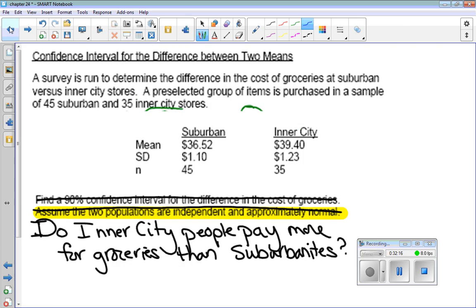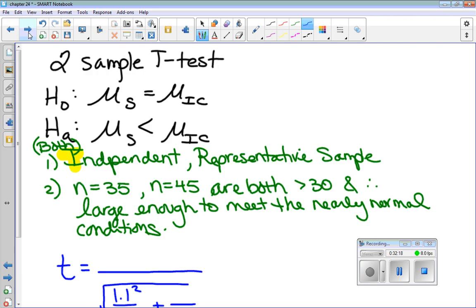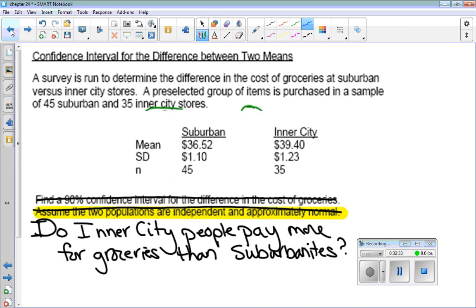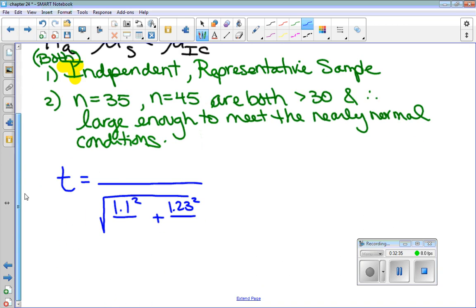All right, and then 1.23 squared? I got you. Look at your formula sheet. Is it 45 and 35, right? Yes. Come on. You're on fire today.